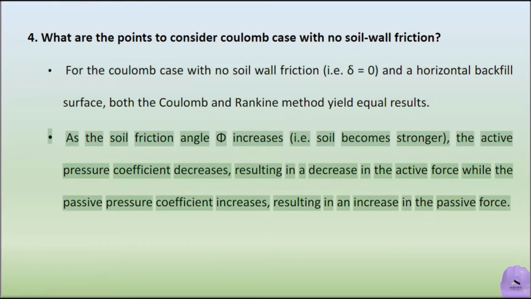As the soil friction angle φ increases, i.e. soil becomes stronger, the active pressure coefficient decreases, resulting in a decrease in the active force, while the passive pressure coefficient increases, resulting in an increase in the passive force.